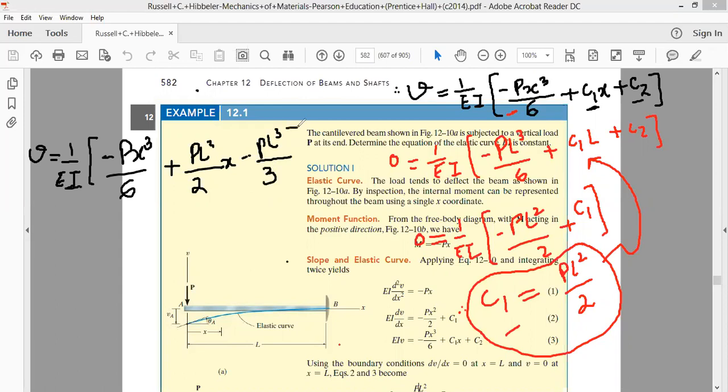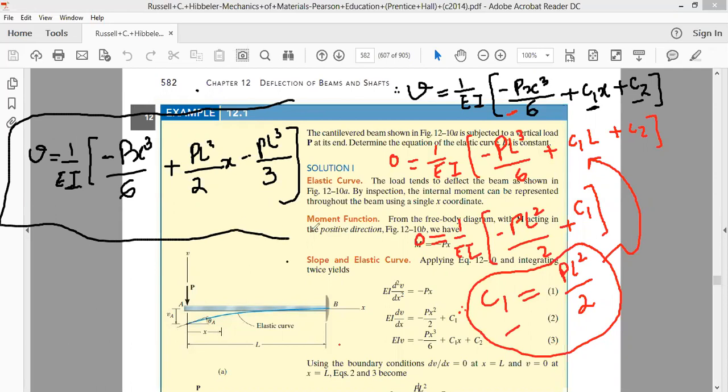Okay, so this is the equation of our deflection curve.